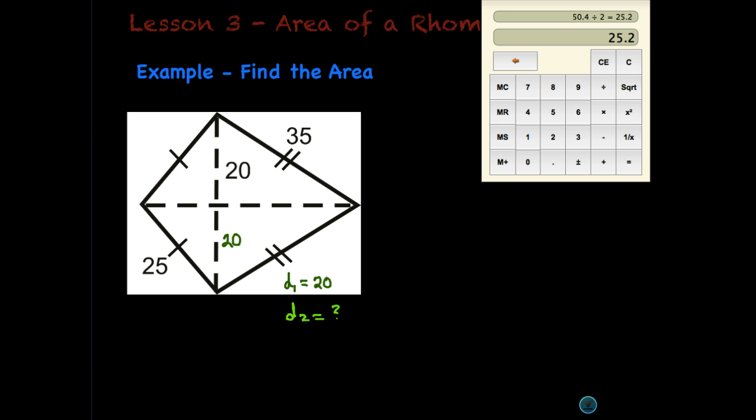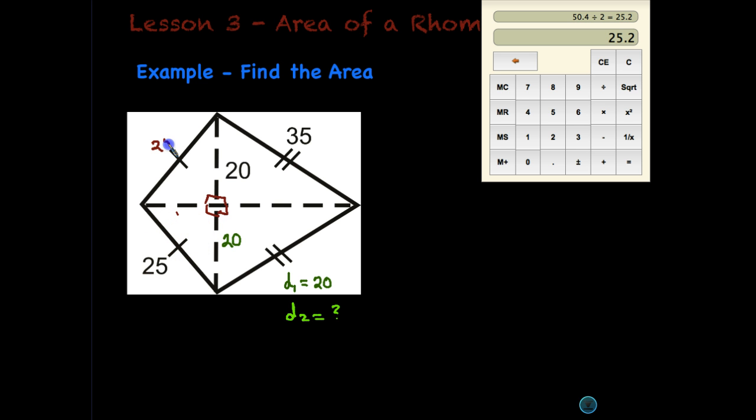Okay, well, what else do we have? What else do we know? Well, since this diagonal bisects this diagonal and they're perpendicular, these are little right triangles. If we notice that these are right triangles, we know we can use the Pythagorean theorem to find missing lengths. Well, this is 25.